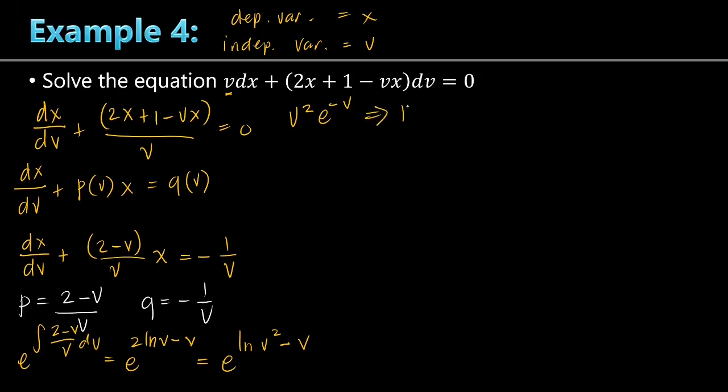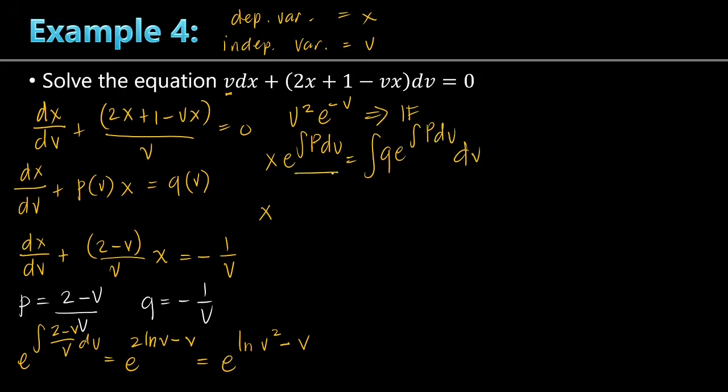So, this is now our integrating factor. Nagagamitin natin in place of e to the integral of, ano nga yun? Sulat muna natin ha, yung y, papalitan natin ng x, e to the integral of p dv equals integral of q, e to the integral of p dv dv.